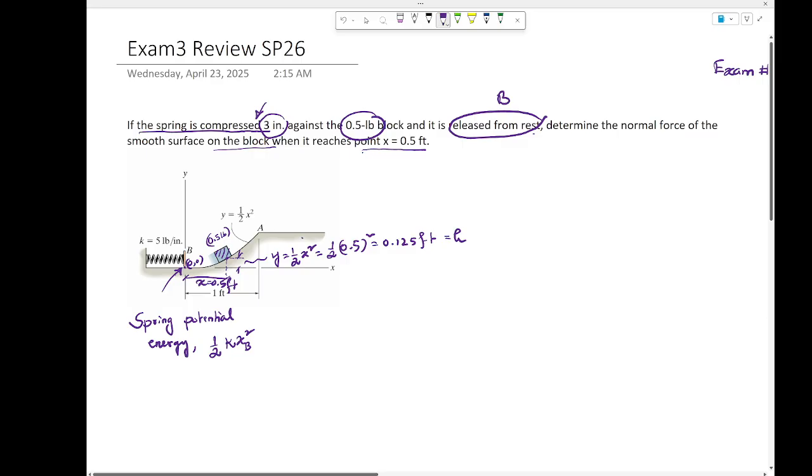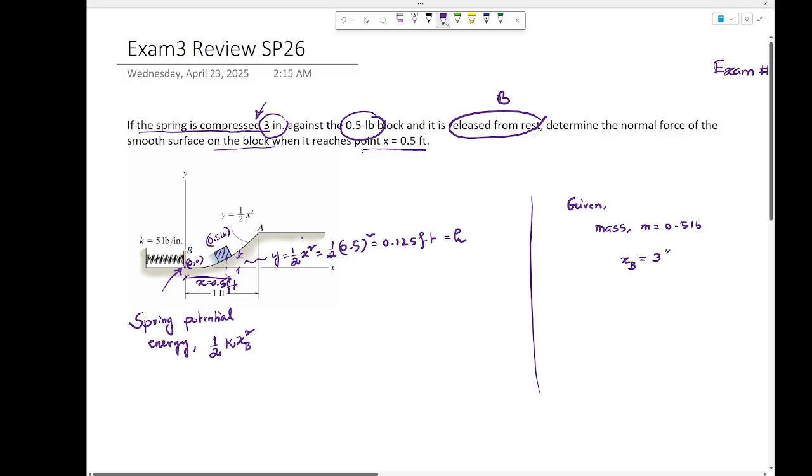So then you may start solving this in an engineering format, a little bit standard way. So givens should be what, like the mass of the block m is 0.5 pound, right? And then the spring compression distance, so xb is 3 inch.